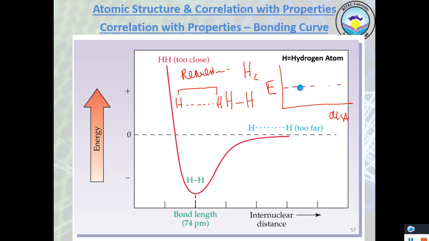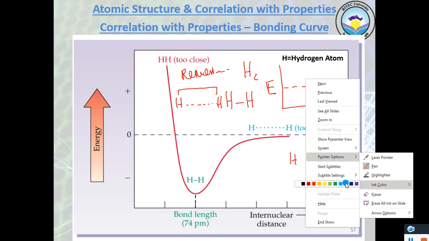You will see that first, when atoms are located far away, for example one hydrogen atom is here and one atom is here, when I bring them closer, then what will happen? Imagine, the force of attraction will increase. So I am denoting the force of attraction here with a red curve.